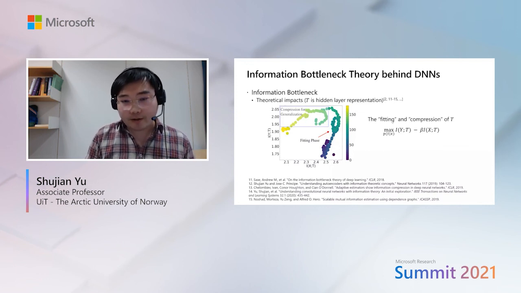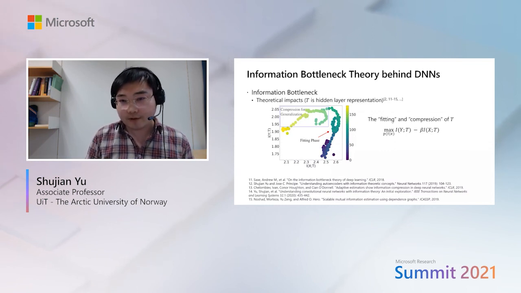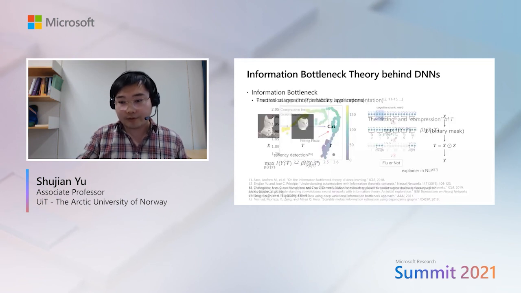Although this observation of a fitting phase and a compression phase is still a controversial issue in the community, based on our recent studies with the matrix-based entropy functional and the results from our peers, we gradually believe that this phenomenon is common to deep neural networks, especially convolutional neural networks.